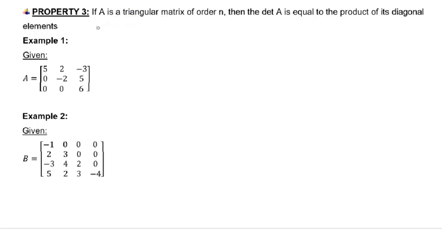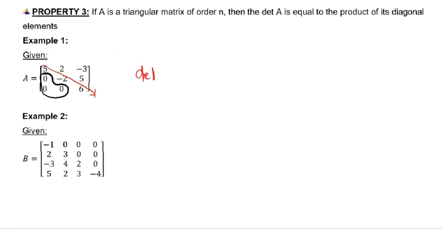So in example 1, we have a triangular matrix. If we notice, we have here 0. So yung magiging determinant natin dyan is just the product of its diagonal elements. So you just have to multiply the product of this diagonal, yun na yung magiging determinant natin sa given matrix.